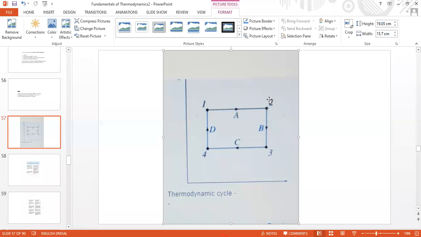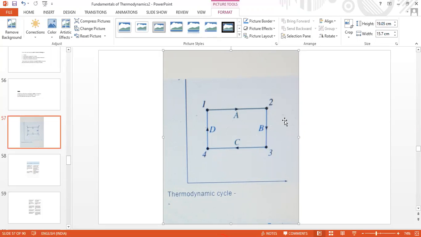Now, 2 to 3, suppose this is a constant volume line. So on 2 to 3, volume remains constant. So V is constant on 2 to 3. Similarly, V is constant on 4 to 1 also. Now I am entering into integral PdV. For this process 2 to 3, volume is remaining constant.